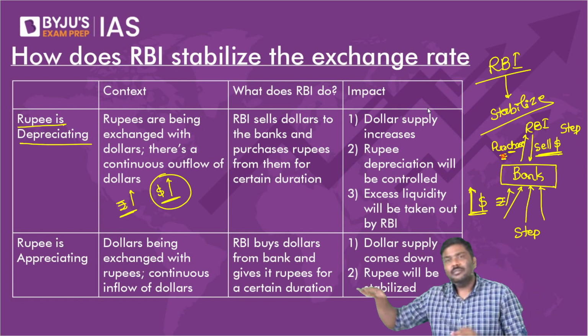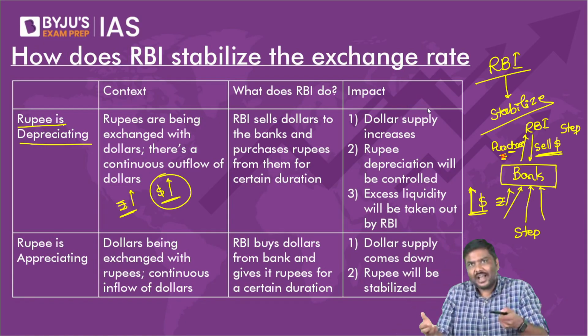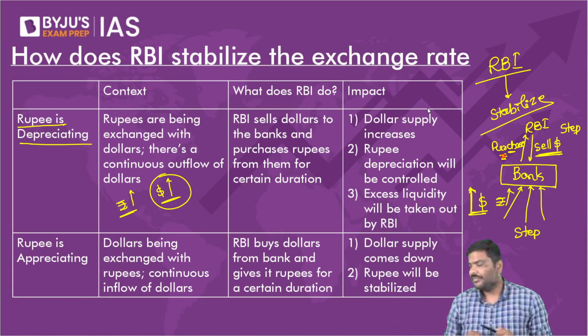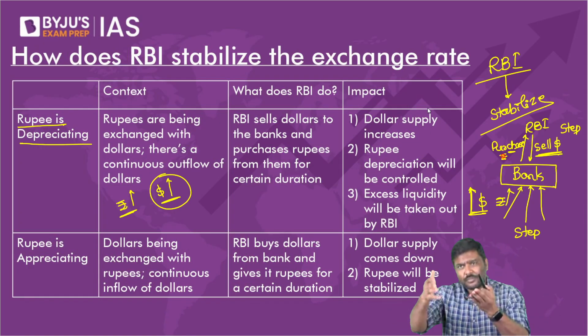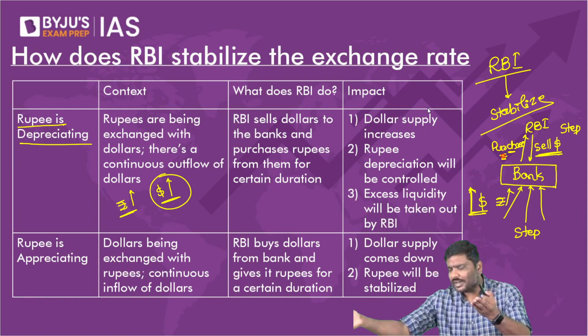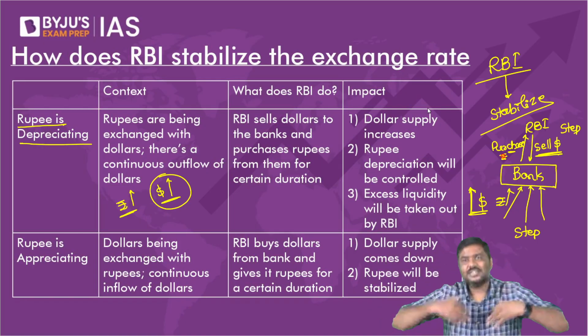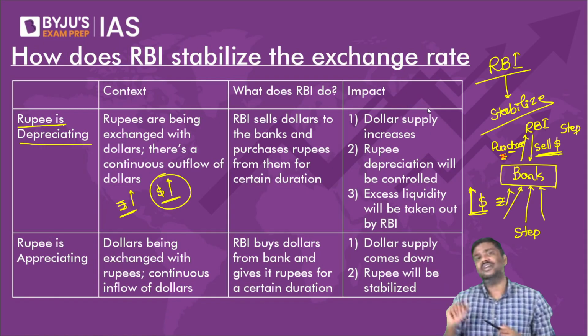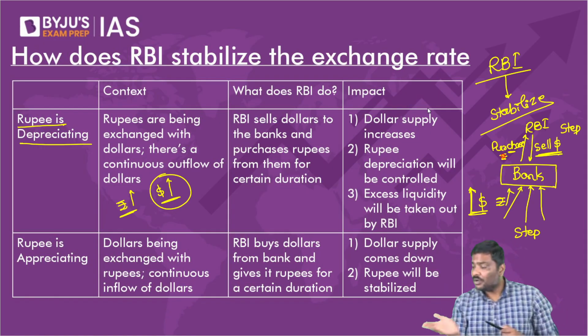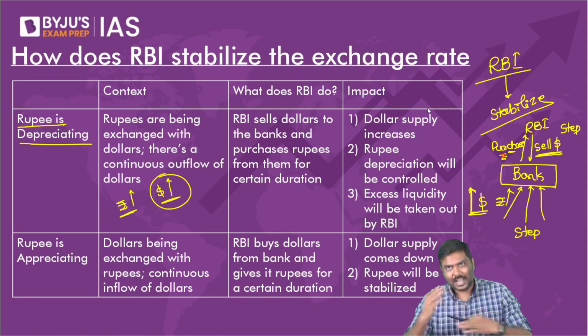If RBI does this, don't you think it will stabilize the exchange rate? Because the demand for dollar is very high, RBI will sell dollars. And supply of rupee is very high, so the value of the rupee will start falling. RBI will start purchasing rupees. This is how RBI will stabilize the exchange rate.